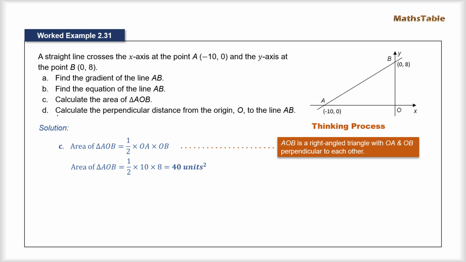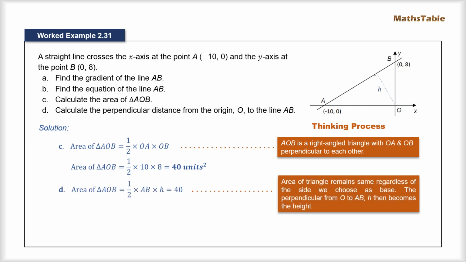In the last part D, we are required to calculate the perpendicular distance from the origin to the line AB. Now if we take AB as the base of the triangle, the length which is perpendicular to AB, which in this case is the distance from O to AB, h, gives us the same area as we calculated before.